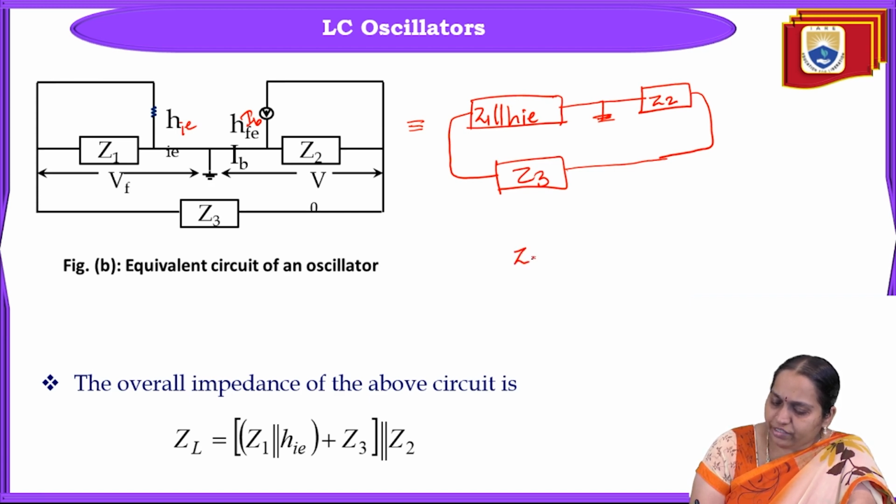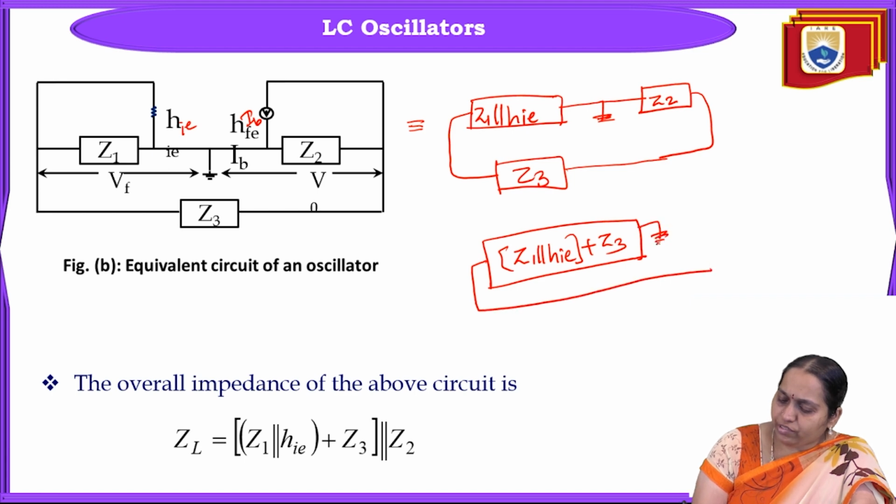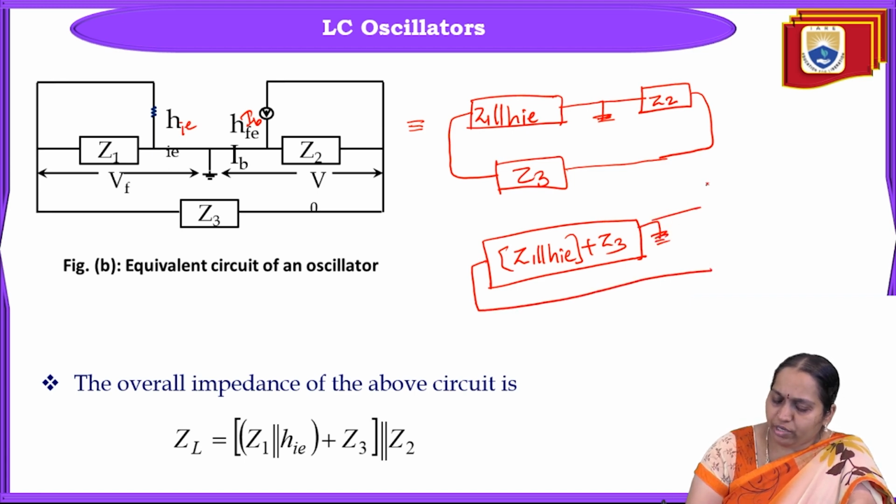So we can write it as Z1 parallel hie plus Z3. This is one block. One end of it is connected to ground, and on the other end you have again Z2.